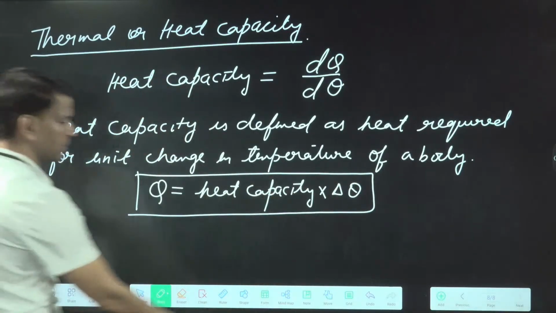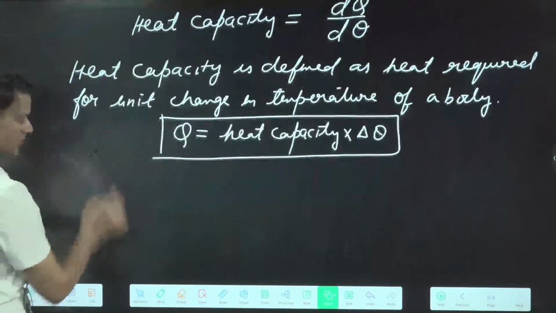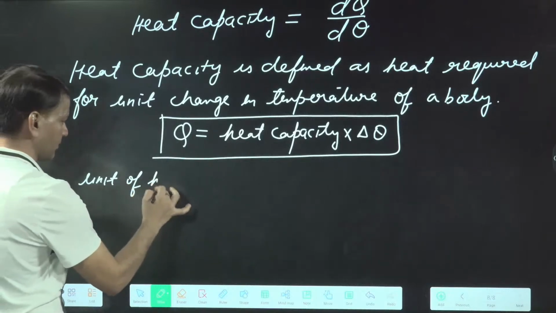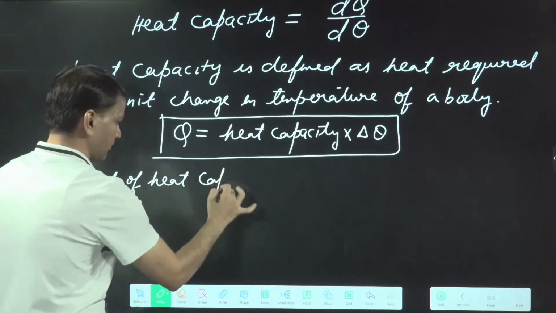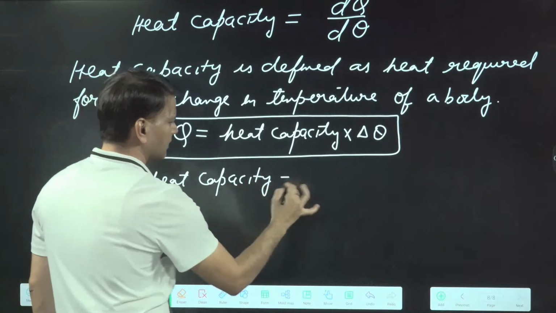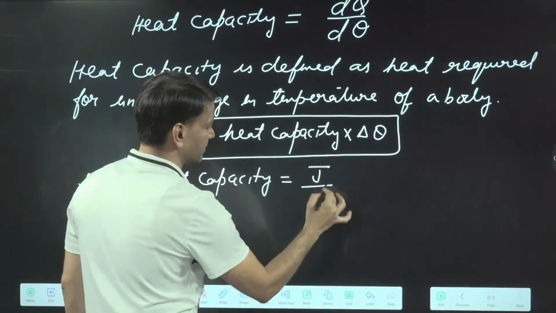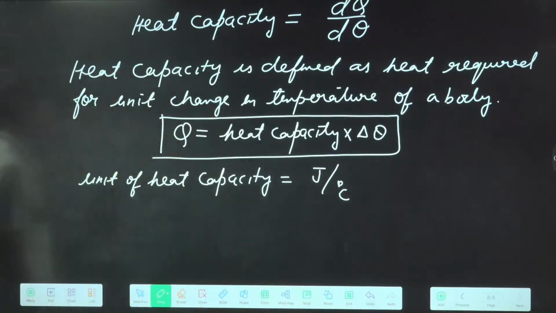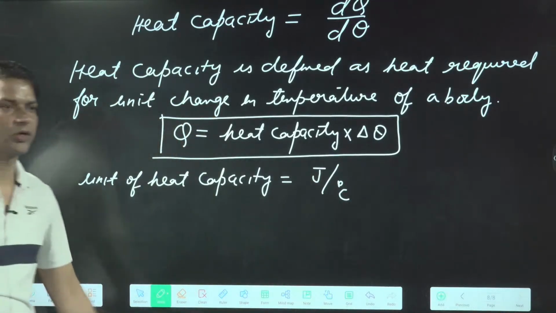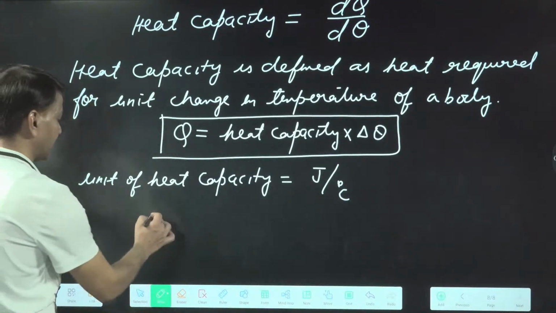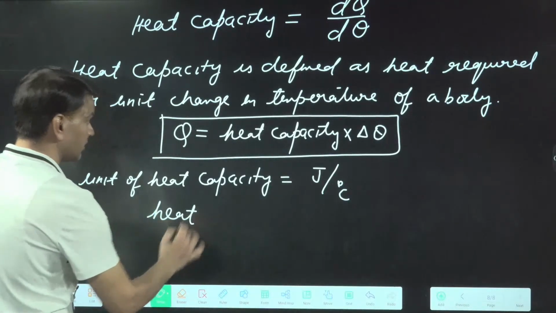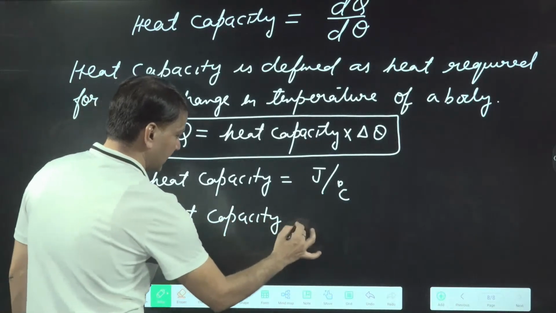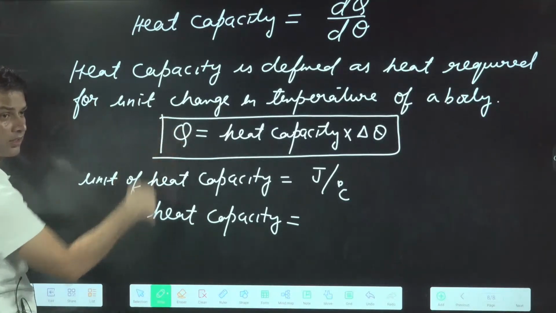The unit of heat capacity is joule per degree C. Similarly, you can find the dimension also. Heat capacity is Q upon delta theta.